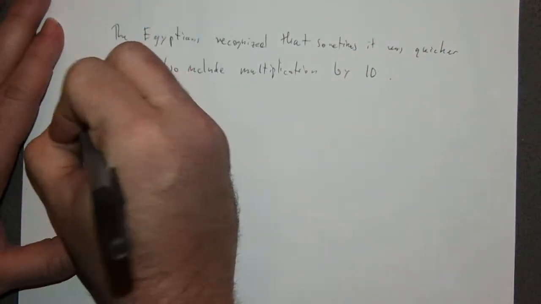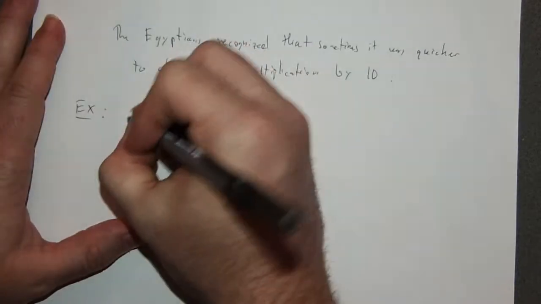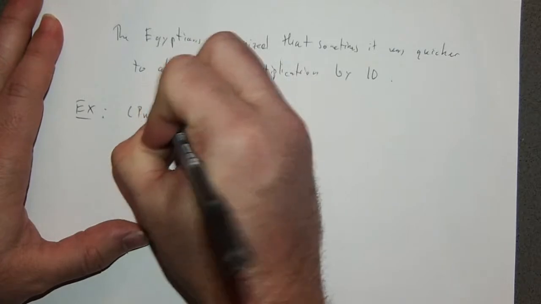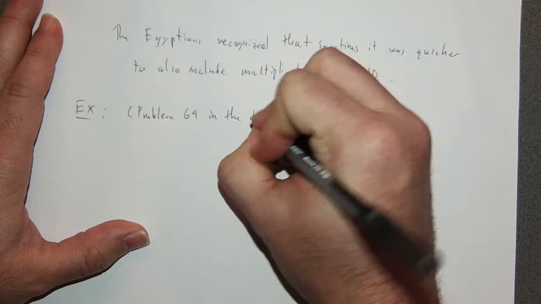So here's an example. This example actually comes directly from the Rhind Papyrus. This is problem 69 in the Rhind Papyrus.